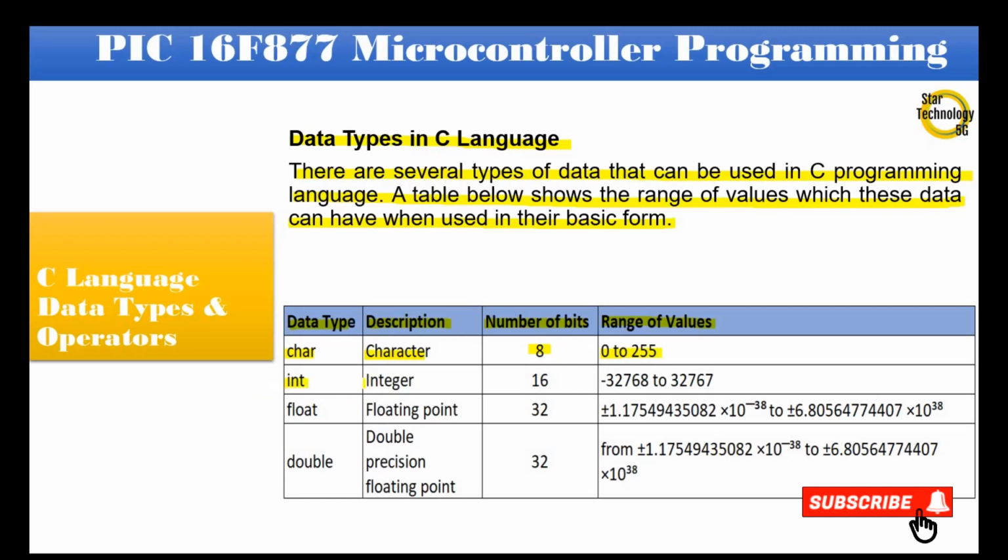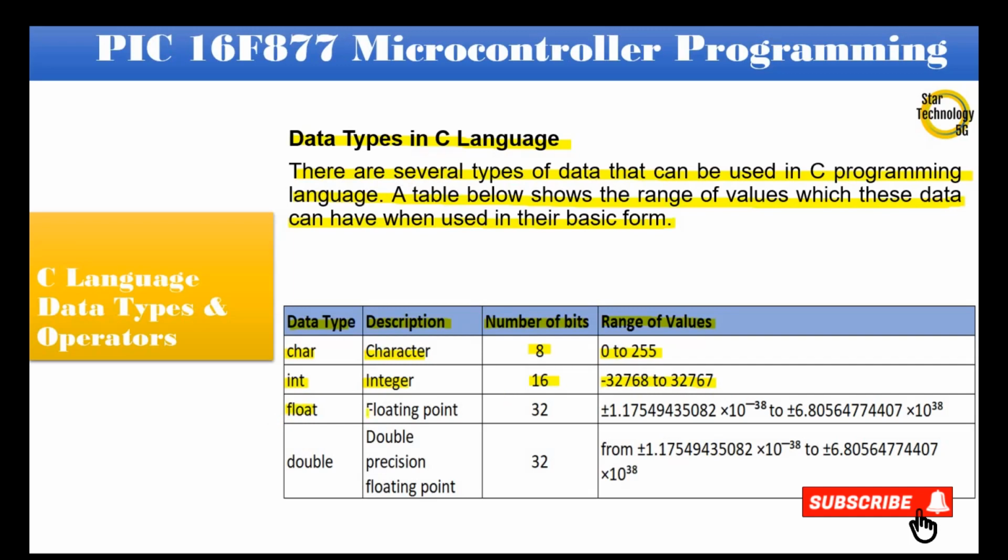Data type: int, integer, number of bits 16, range of values minus 32,768 to plus 32,767.